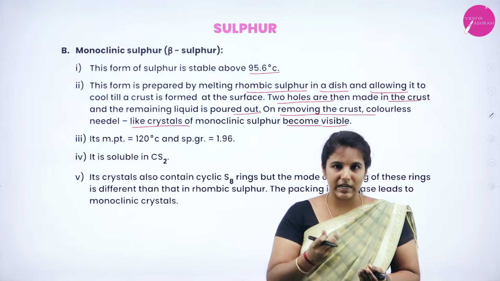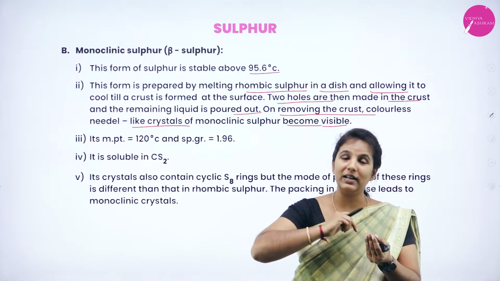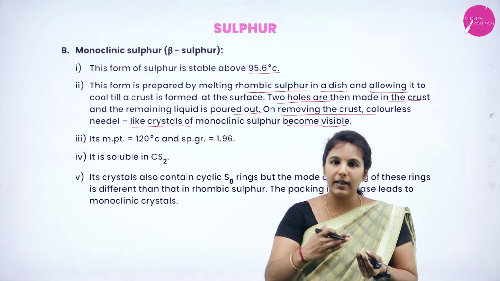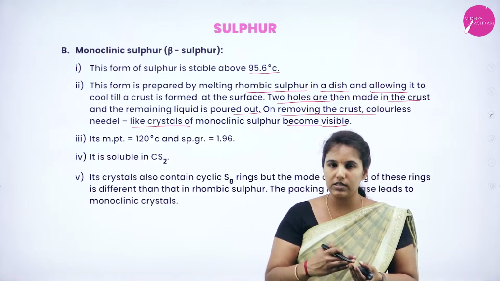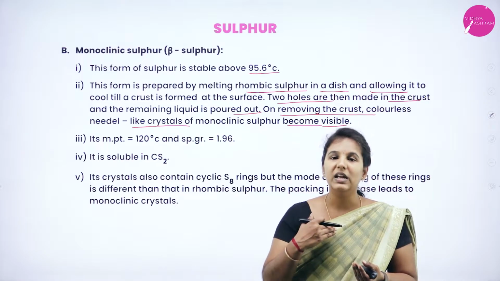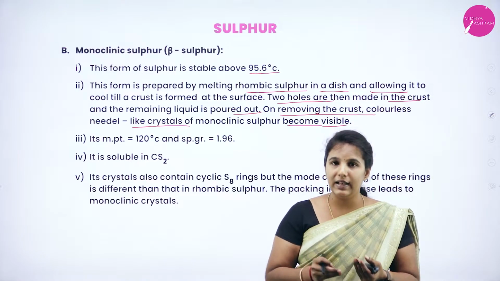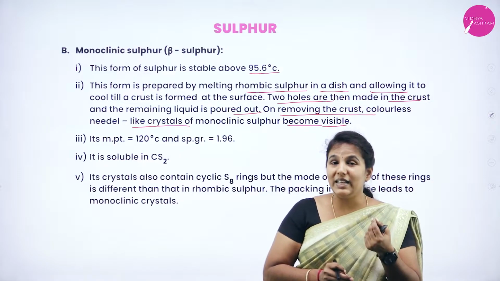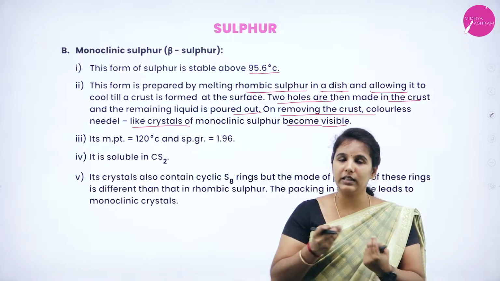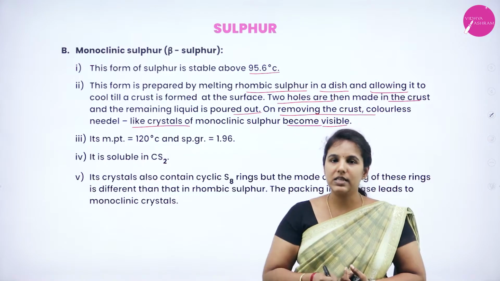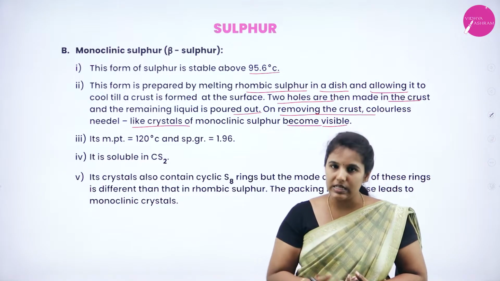When they obtain the crust, they make a hole in it to pour off the remaining liquid or any impurities. Later, we obtain the needle-like crystals, that is monoclinic sulfur or beta sulfur.